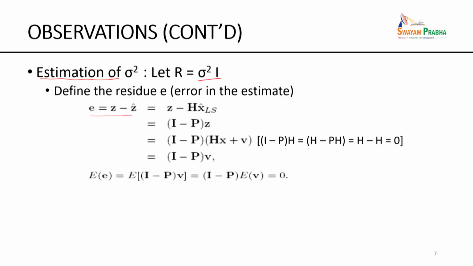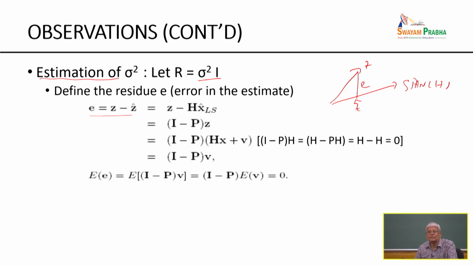This is the span of h. That is z, this is z hat, so this is the residual. In this case, I am simply calling it E. Sometimes I call it R, sometimes I call it E. The notation should not bother us.